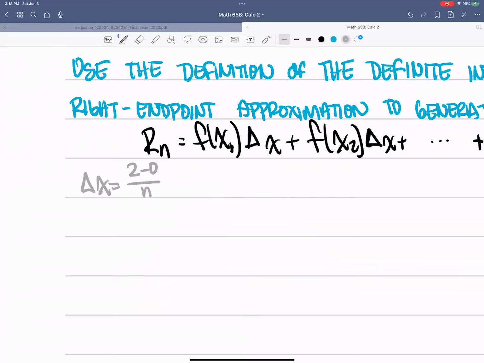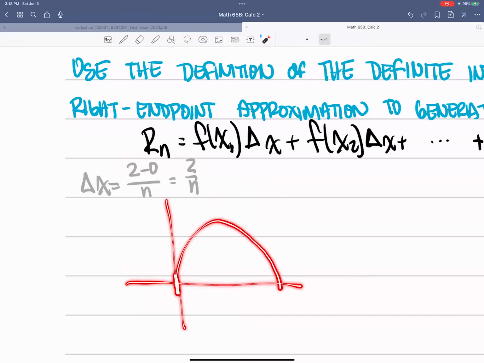What is next? The next thing we did, when we plug this in here, is we start off with a, and then we slowly start adding. Oh, we didn't even finish this part. That's just 2 over n. So what we did in the past, we started off with a and kept adding however big our delta x was.